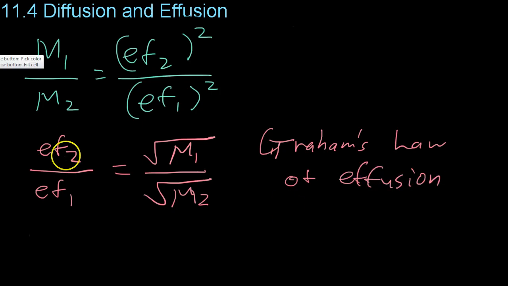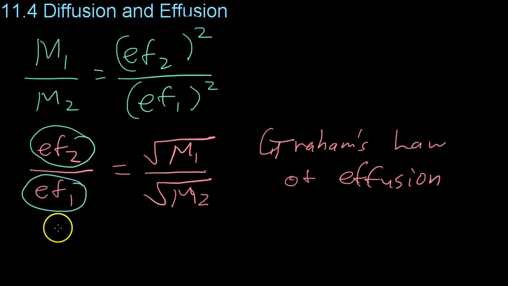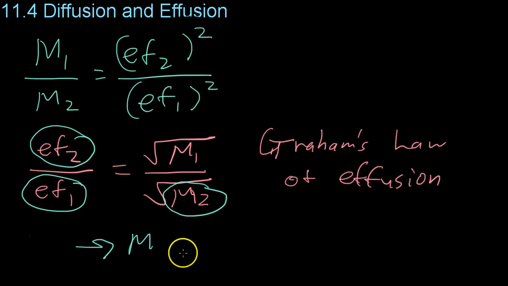And as you can see, if you know the two rates of effusion of the two gases, which you can determine from experiment, and you know one of the masses of the gases, you can then use those three variables to determine the mass, that is the molar mass, of an unknown substance.